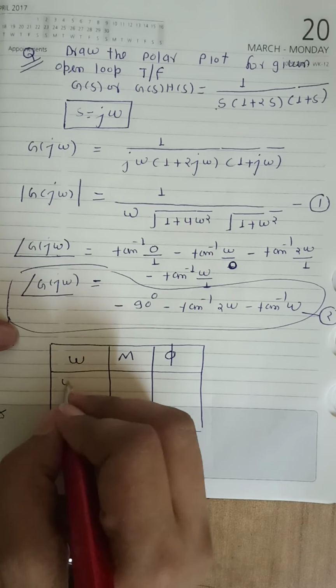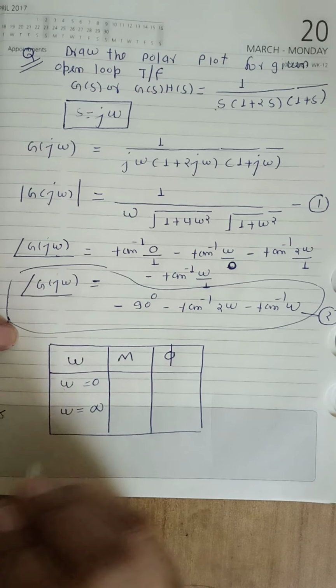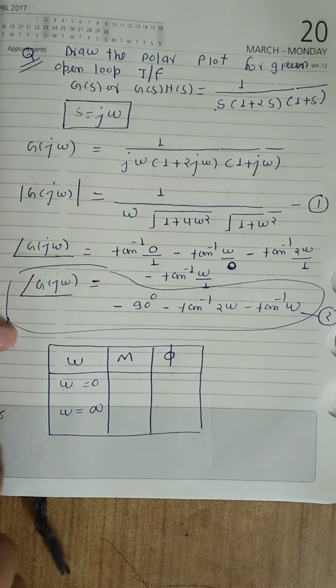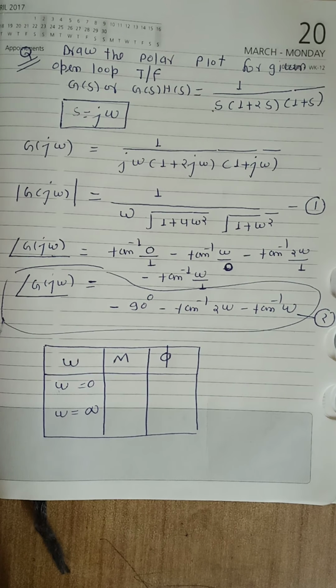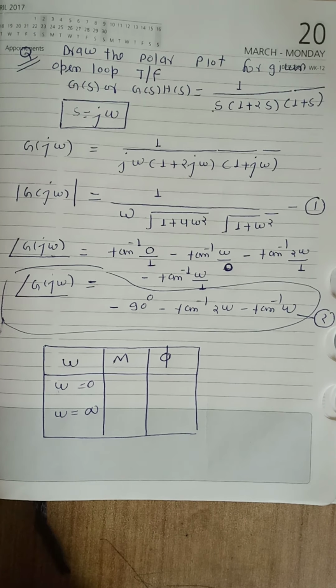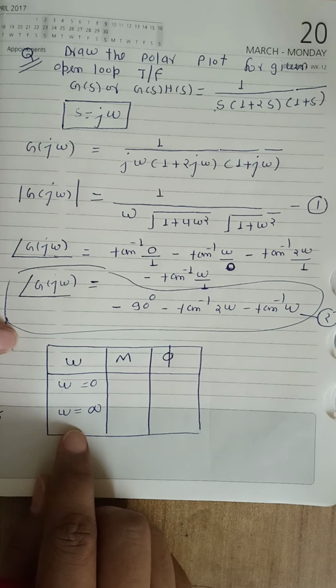First we will consider omega equal to 0, then we will consider omega equal to infinity. Here I am considering only two values. You can consider any value or values between omega equal to 0 and omega equal to infinity.